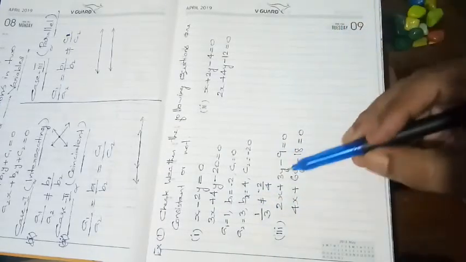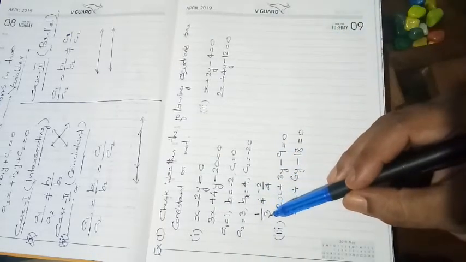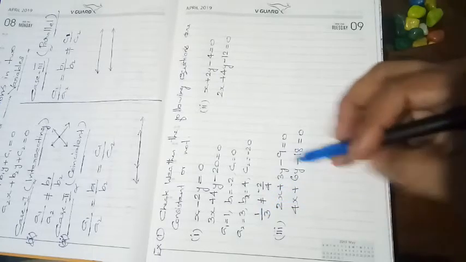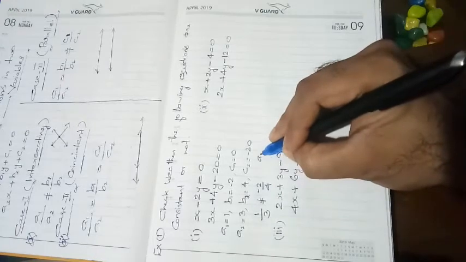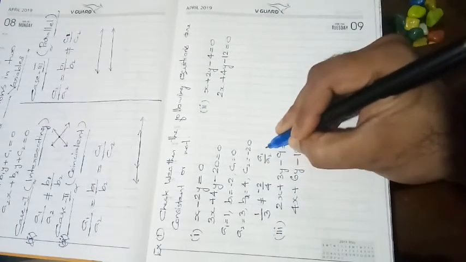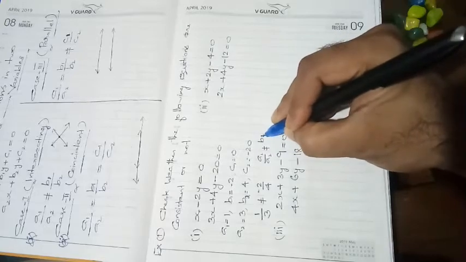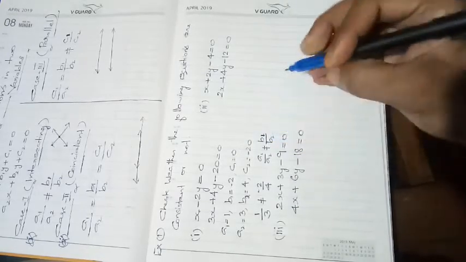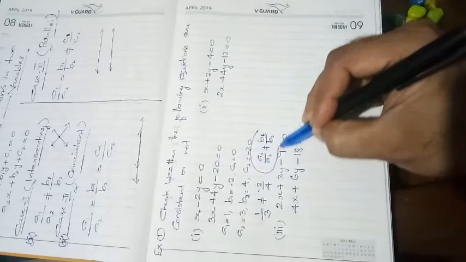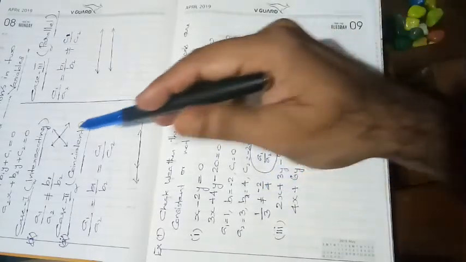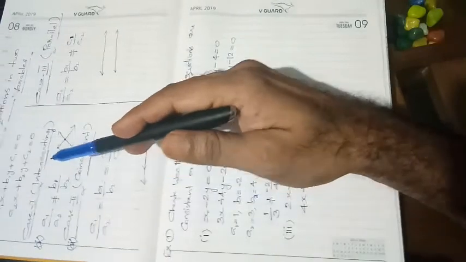So we can say that this belongs to the first case, that is a1 by a2 not equal to b1 by b2. So it belongs to the first case, that is, the two lines are intersecting.